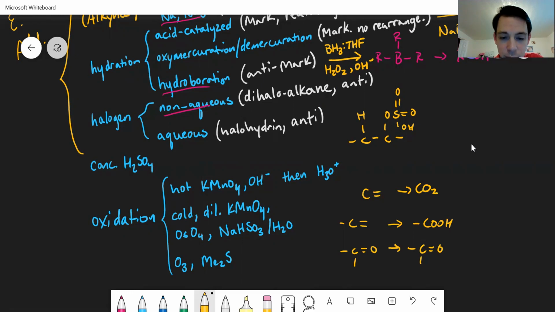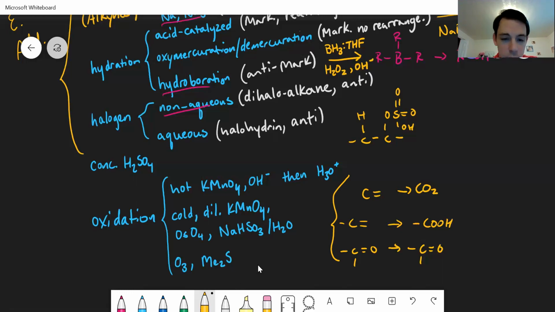OsO4, osmium tetroxide, also produces those 1,2 diols. It's preferred over the cold dilute KMnO4 due to the fact that a side reaction of KMnO4 is what we just mentioned before. That's cleaving the double bond and oxidizing it beyond where you want it to go.